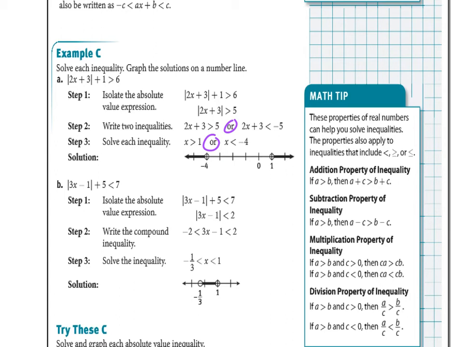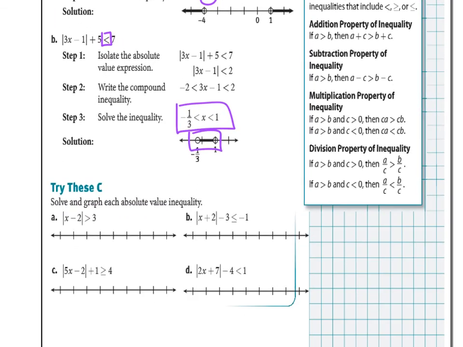One's going to the right, one's going to the left. Whereas the second example becomes a compound inequality where the intervals actually go together. So let's walk through an example on our own and see how it looks, but feel free to read back at those at any time.